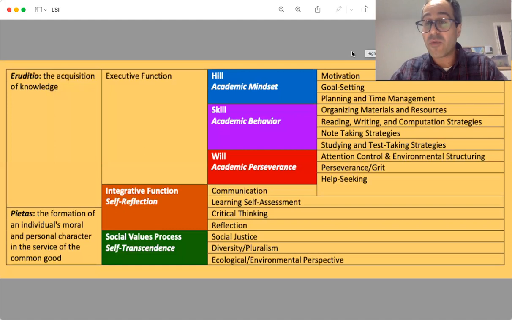Oftentimes for high achieving students, the high achievement is no indicator of success if they can't overcome struggle by effort and determination, and if they don't have the resources, skills, and experiences to figure out how to do that. So how do we build some of that into our courses? How do we build opportunities for that? And again, there'll be references to this later.